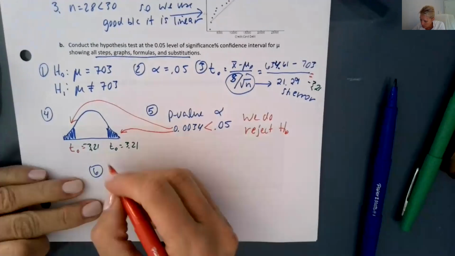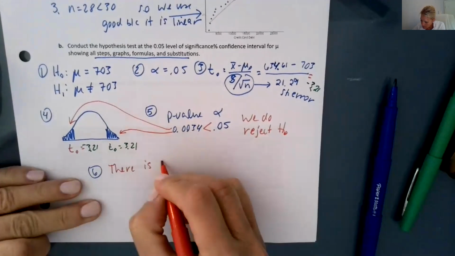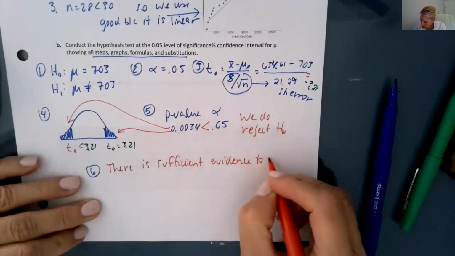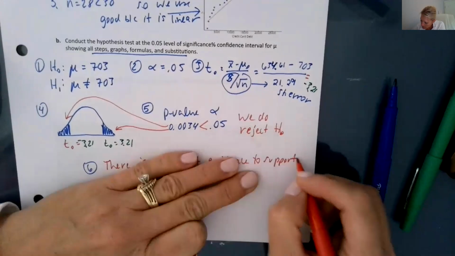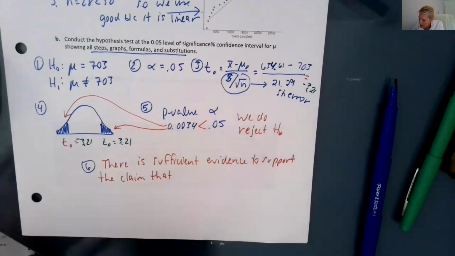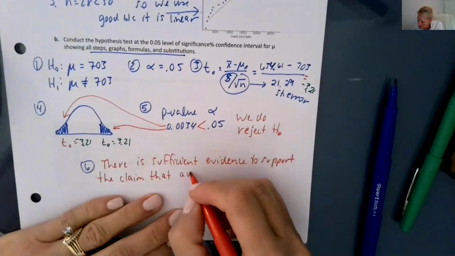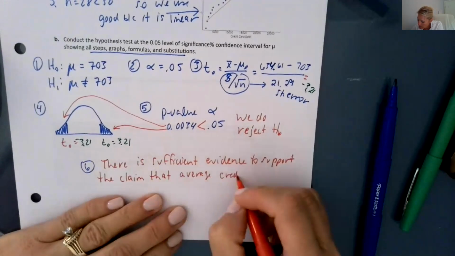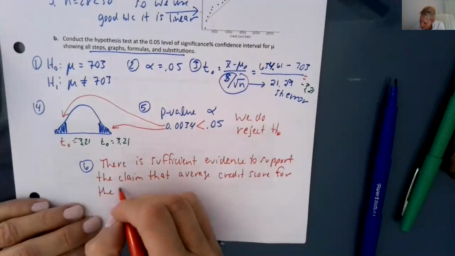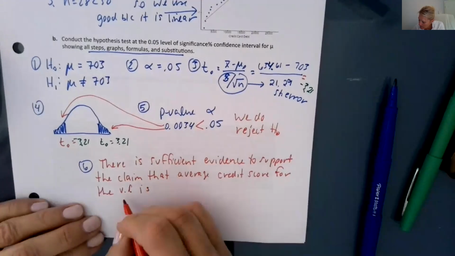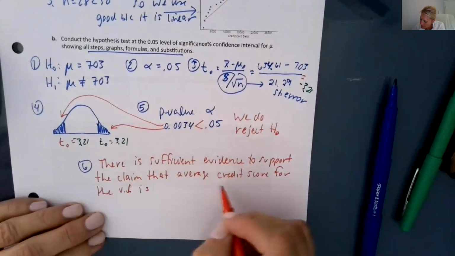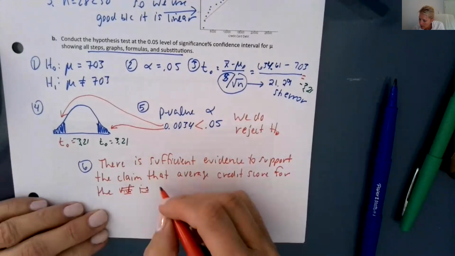So there is sufficient evidence to support the claim that the average credit score for, actually, not the US but for the Capital One customers, right?